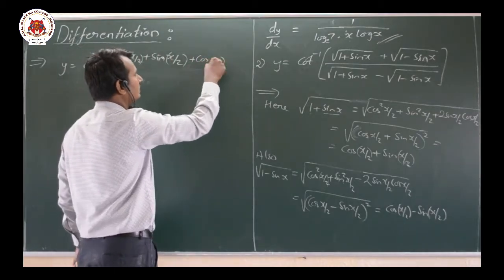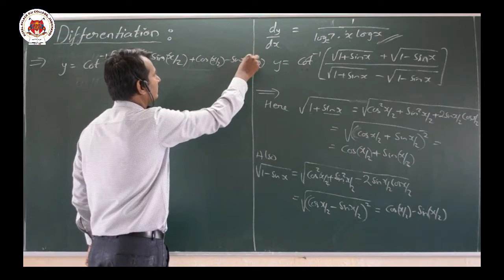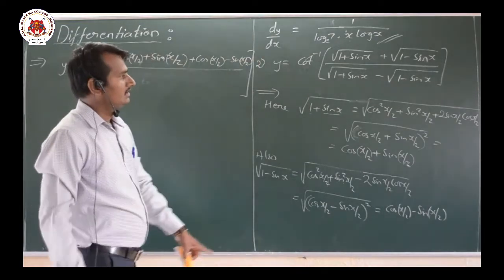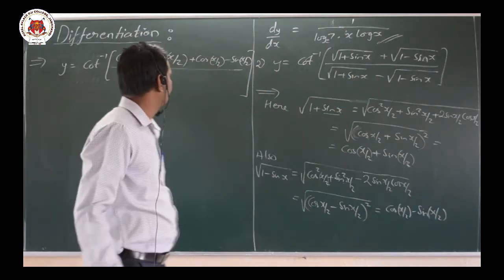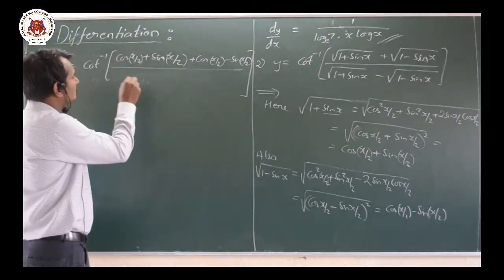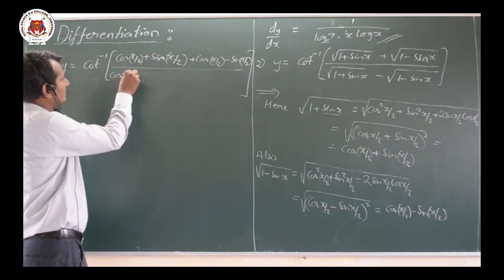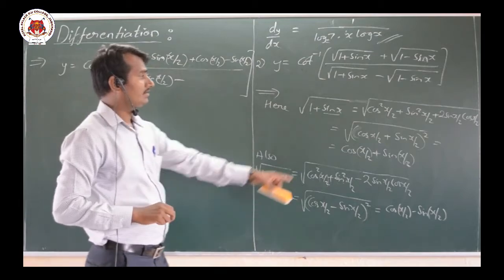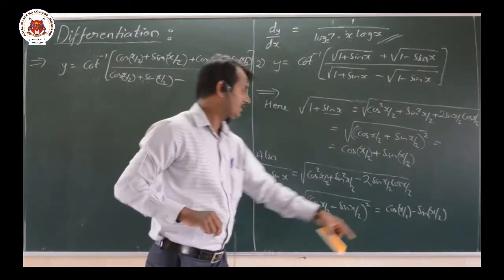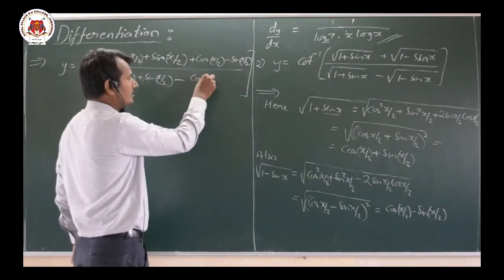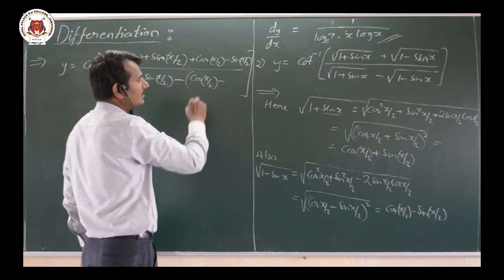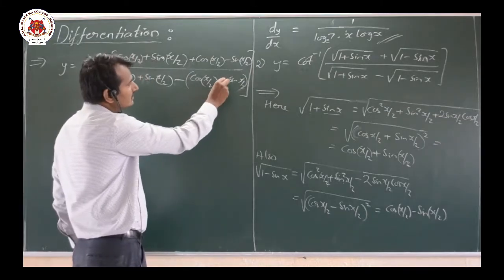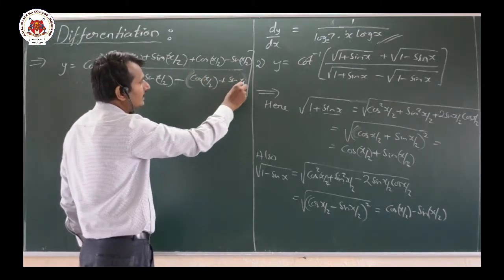I will close the bracket. Whole divided by, next, root of 1 plus sin x, that is cos of x by 2 plus sin of x by 2, minus root of 1 minus sin x, that is cos x by 2 minus sin x by 2. Minus into minus becomes plus if I remove the bracket.